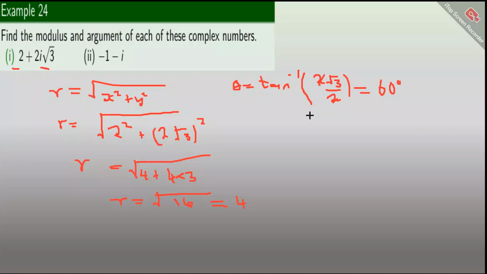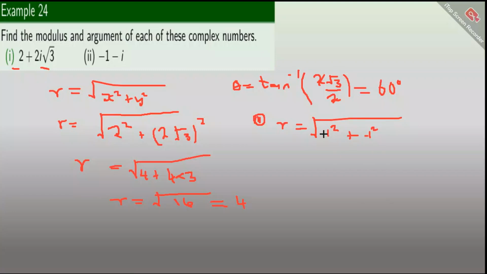Okay, so keep in mind, for the first one, the modulus is 4. For the second one, let's find the modulus of the second example. The modulus is going to be the root of (-1) raised to the power 2, and again the imaginary part is also -1.